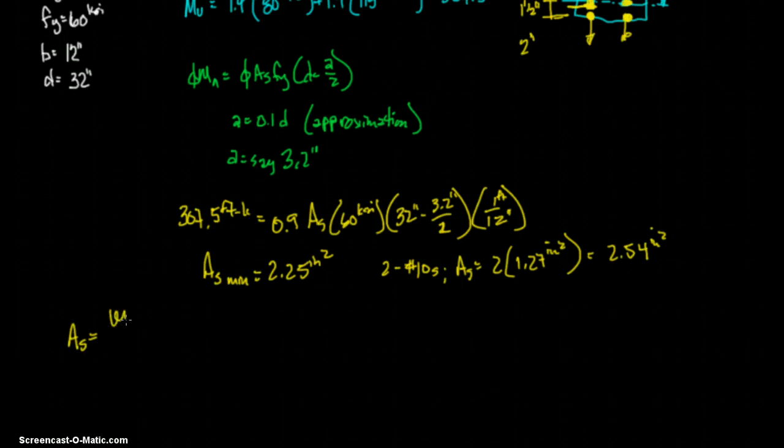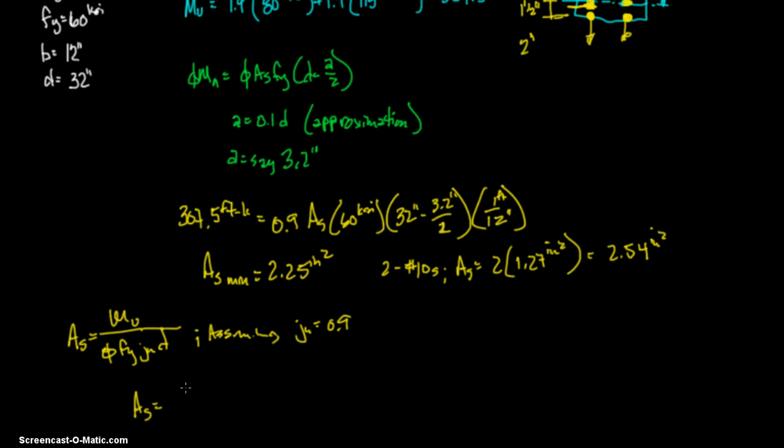Let's use the equation. As equals Mu over phi fy jd. Remember, we're assuming j equals 0.9. We know fy, we know phi, we know Mu, so let's go ahead and just solve.